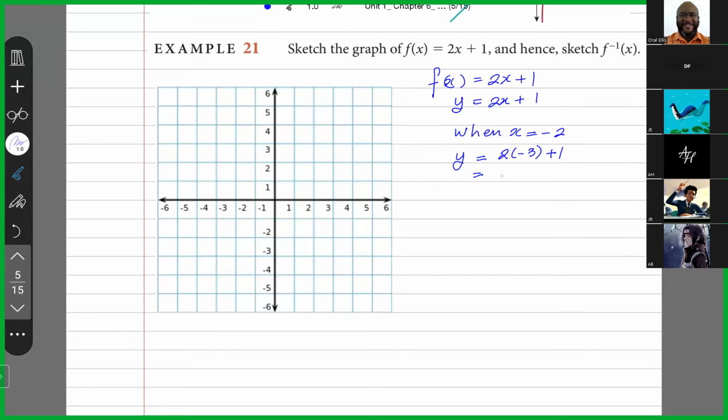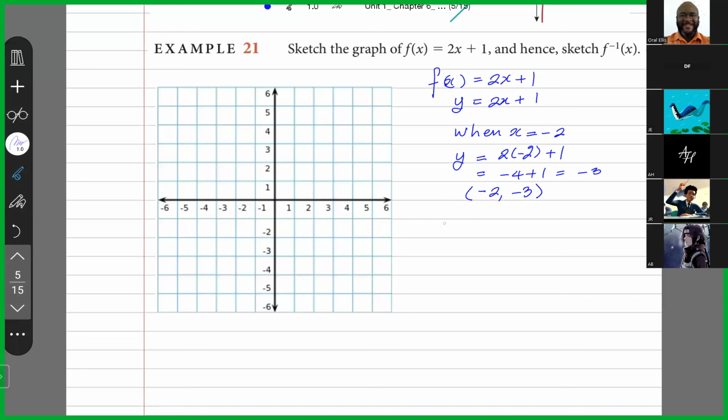Sorry, 2 times minus 2, not minus 3. 2 times minus 2 plus 1 is minus 4 plus 1, which is minus 3. So 1 point on this graph is minus 2, minus 3. Remember, I need 2 points to draw a straight line graph.